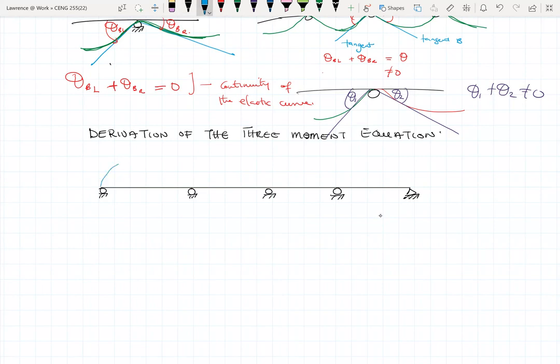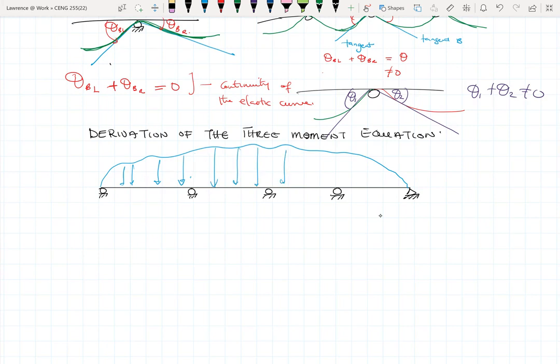And let's say I have some distributed load. It's not a UDL. It's just an arbitrary distributed load. So we have the loads. Let me just delete some of these.